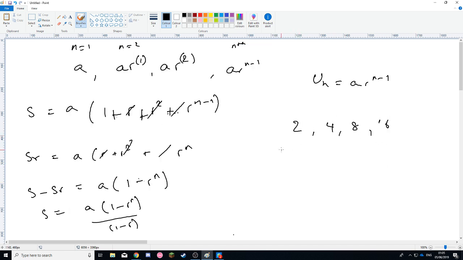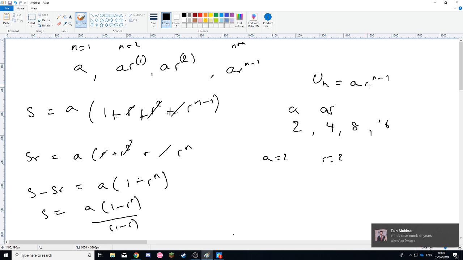So if you say 2, 4, 8, 16, if you say a is equal to 2, therefore r is equal to 2, so then you have ar, and then the general formula holds.